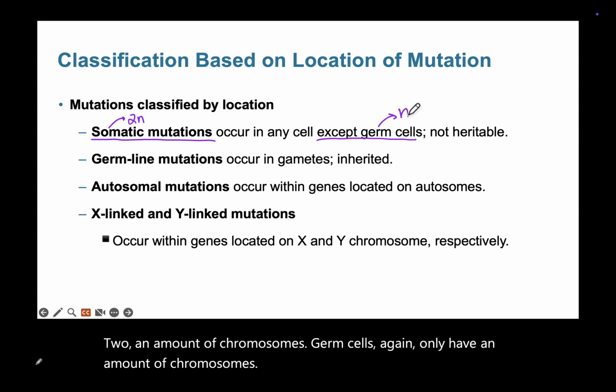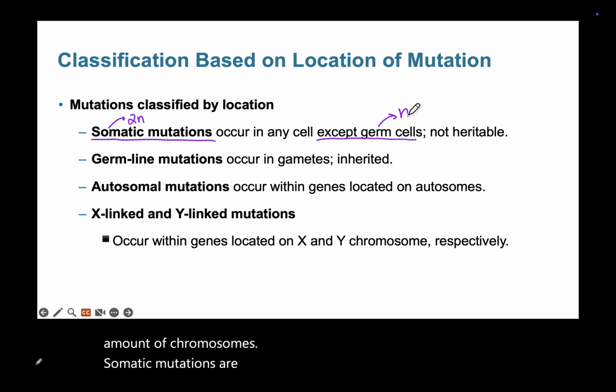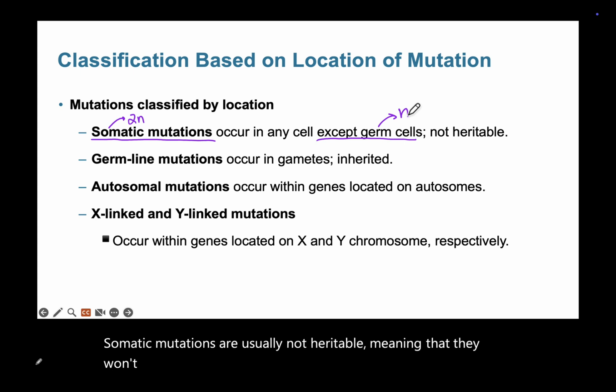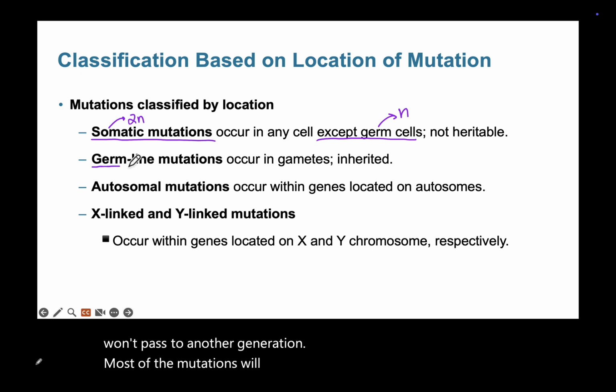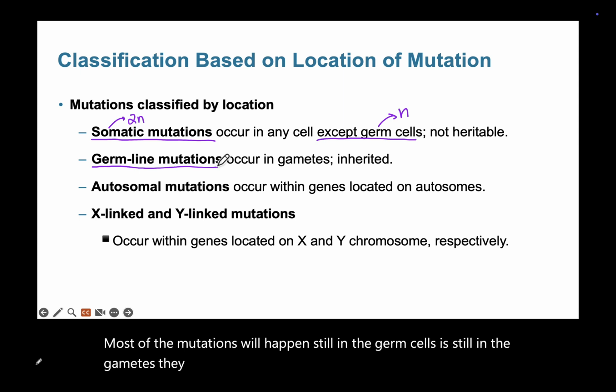Somatic mutations are usually not heritable, meaning that they won't pass to another generation. Most of the mutations will happen still in the germ cells, still in the gametes. They will be called germline mutations.